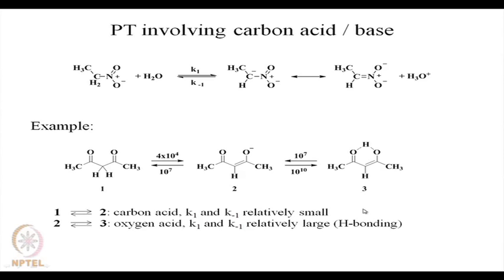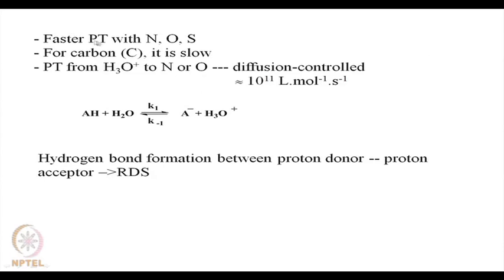So, hydrogen bond makes the process faster compared to when there was no hydrogen bond. Okay. So, here it is the proton transfer involving oxygen. So, it is an oxygen acid, this is a carbon acid. So, slow proton transfer, and here it is the fast proton transfer. As I told you, proton transfer involving nitrogen, oxygen, sulfur is faster compared to carbon.